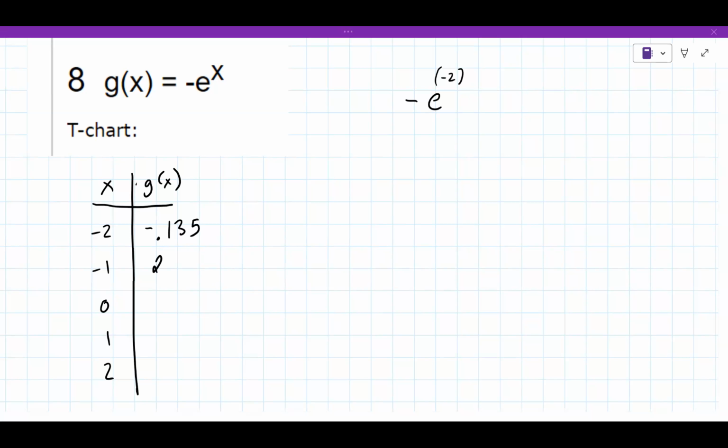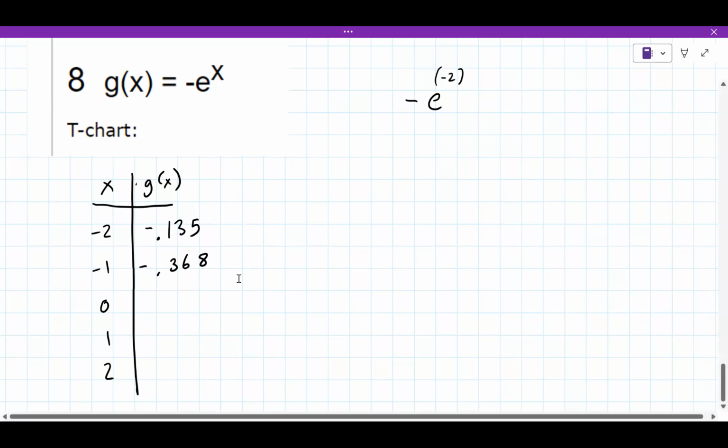Try again, maybe you didn't get the number in the exponent. Oh, there we go. Now it would be -0.3678, if you're rounding to 3 decimal places, 0.368.